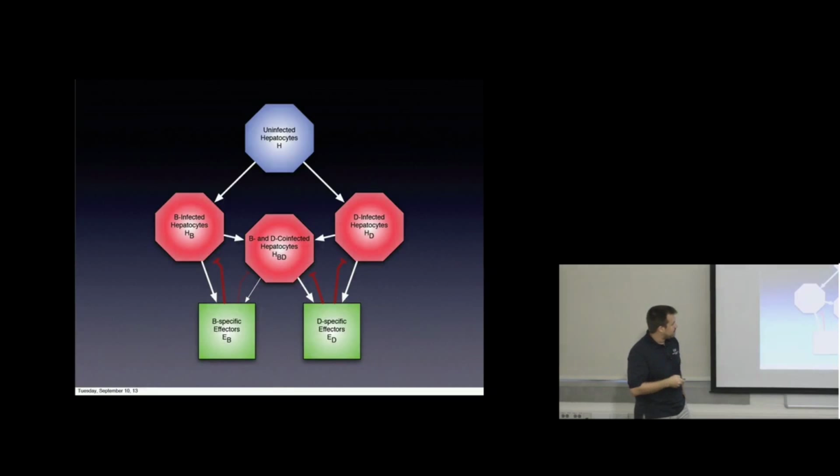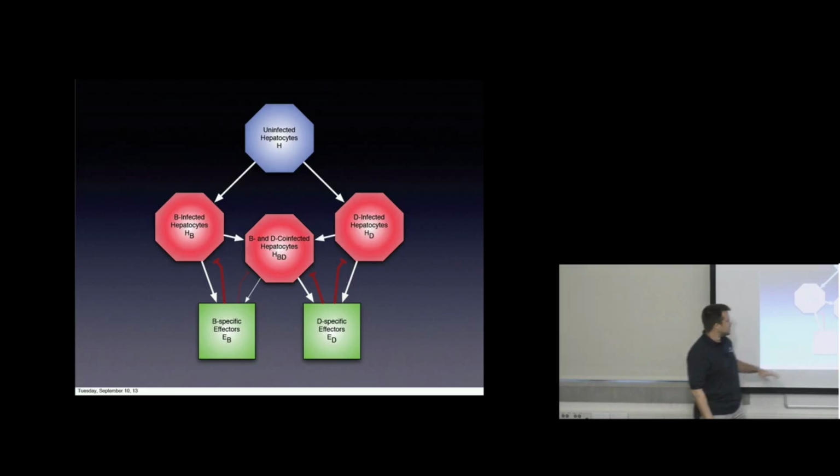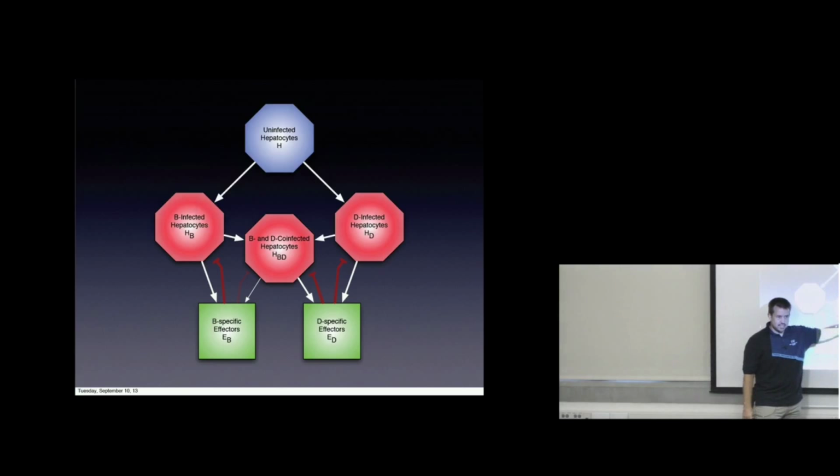So what I decided to do is say, OK, well, let's say that there are two separate immune reactions happening, specific for hepatitis Delta and specific for hepatitis B. They're happening at the same time, again stimulated by the cells that are infected by that particular type, and then acting against, suppressing those infections.